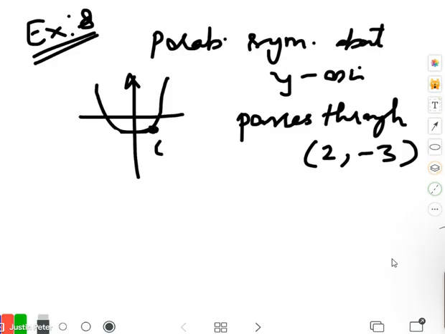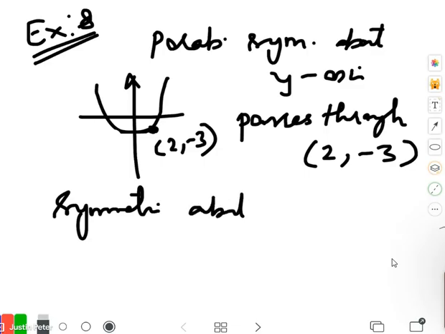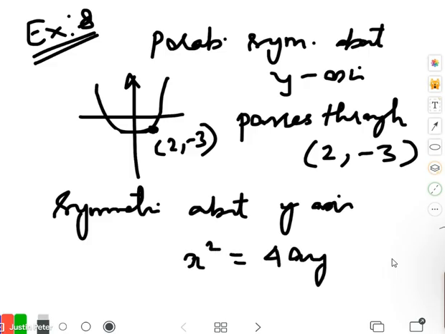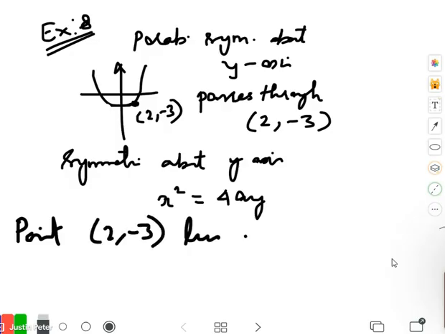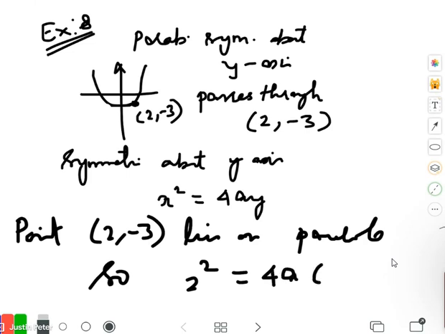Let's say this is that point 2 comma negative 3. Symmetric about the y-axis, so the equation will be x square is equal to 4ay. It passes through the point 2 comma minus 3, which means the point lies on the parabola. So 2 square is equal to 4a into y, which is minus 3.